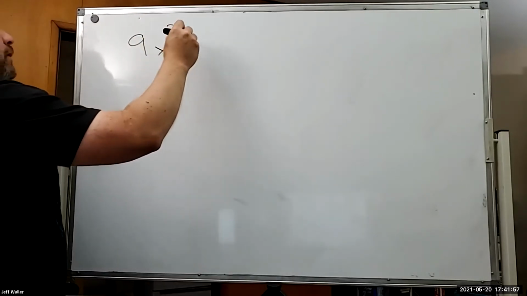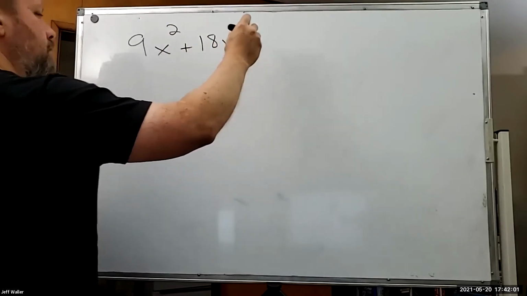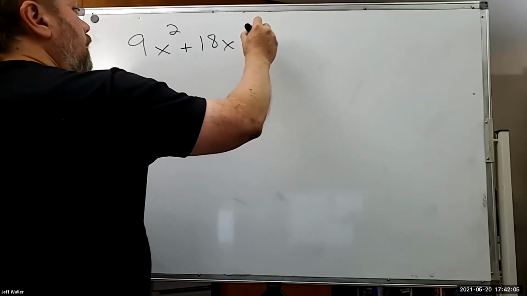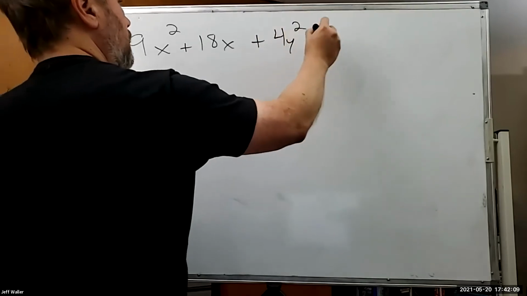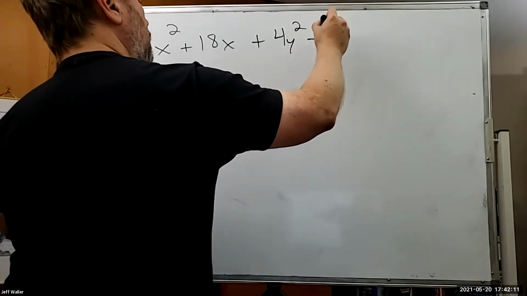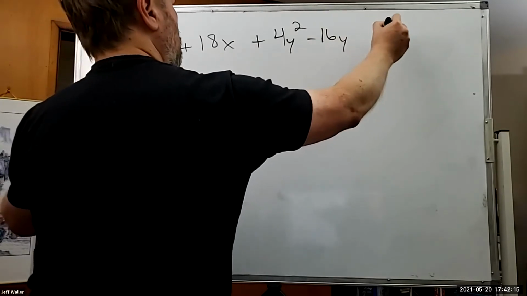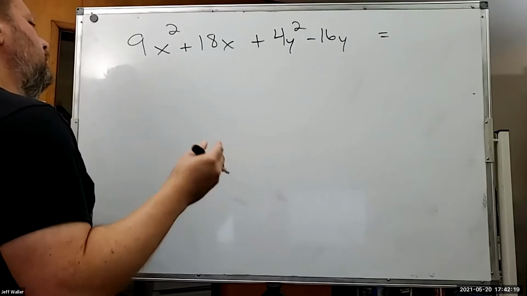What about this? 9x squared plus 18x plus 4y squared minus 16y equals, give me a second. Am I gonna really try to make this work?